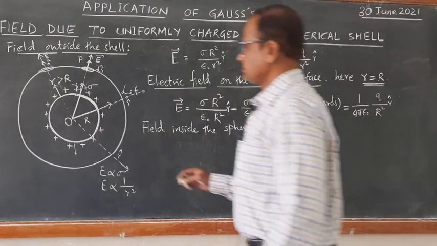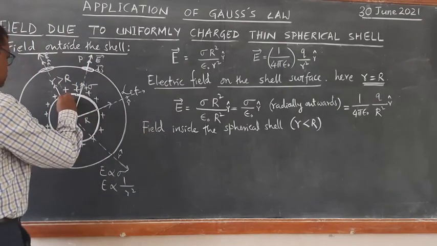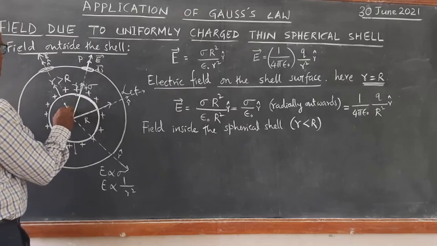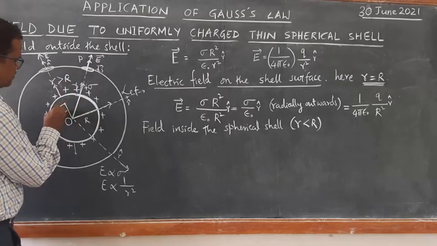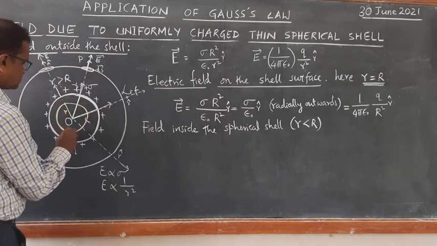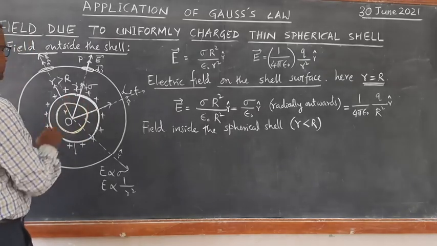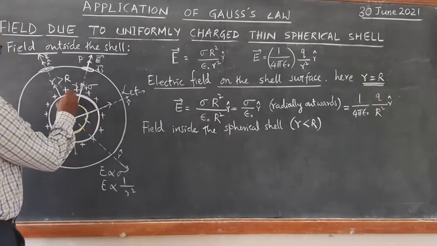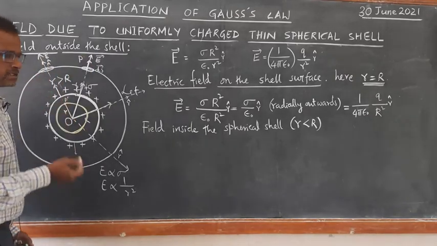Let us say the point is at a distance OP, and this small r is less than capital R. In order to find the electric field here, we need to construct a small Gaussian sphere which includes this point P. Let us call this point P dash, because P we have already taken outside. Let us say that P dash is inside the shell.